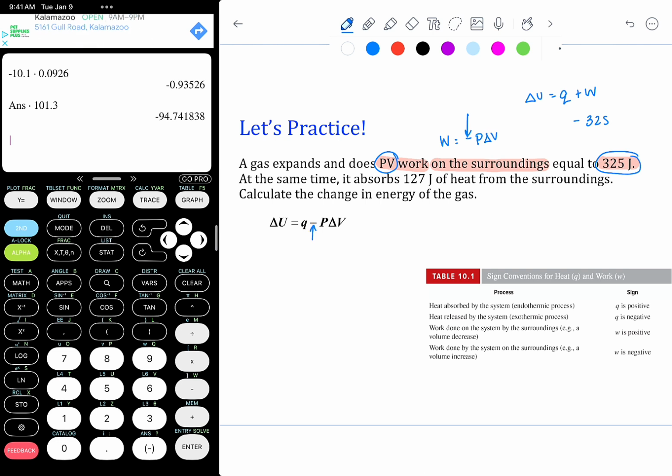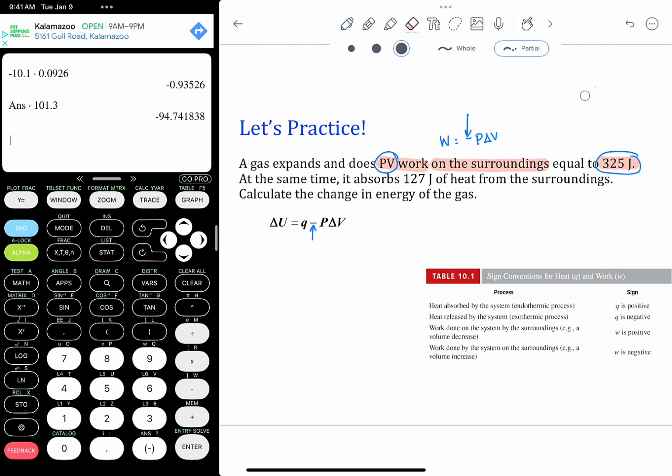So when you're looking at these problems, when it says it's doing PV work, you don't have to look at the language to show that it is positive or negative. It's dictated by the problem already. If the problem specifically says PV work, then don't consult the language. If it doesn't say PV work, then you need to look at the chart for the language. The one we do have to worry about is the amount of heat in the problem. So it says that it absorbs heat, which would be Q is positive.